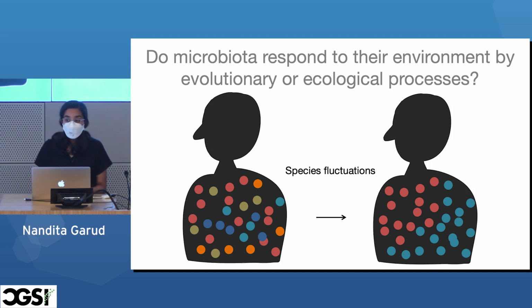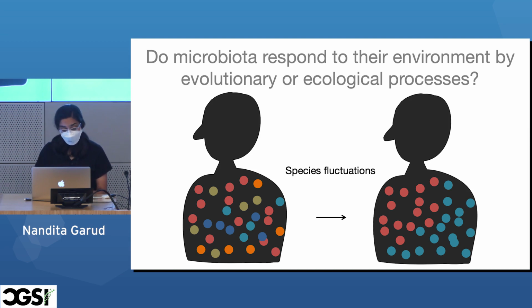Here you have all these species, and not only the species, but also the strains within each species interacting. And it could be that instead of evolution, you see species fluctuations over time in response to some selective pressure.